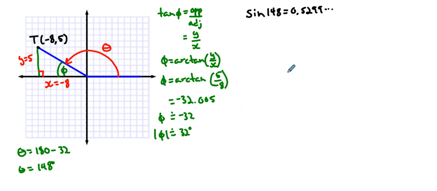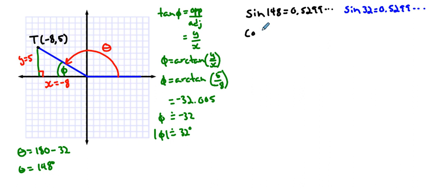Okay. Let's compare that to the sine of phi, of the 32. And if I do that, I'm going to get 0.5299... So they're the same. That's interesting. Let's see if that happens to the other ratios.